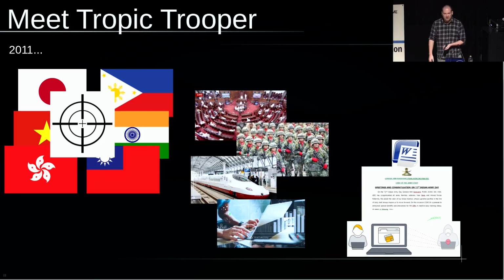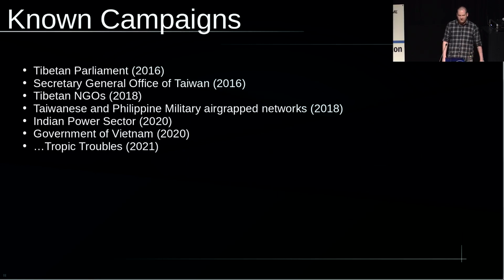So unfortunately, we don't yet live in this perfect world where we have managed this feat, which has allowed Tropic Trooper to launch a series of unending campaigns against their various targets, such as their 2016 attack against the Tibetan parliament, their other 2016 attack against the Secretary General Office of Taiwan, their 2018 attack against various Tibetan NGOs, their other 2018 attack against Taiwanese and Philippine military aircraft networks.